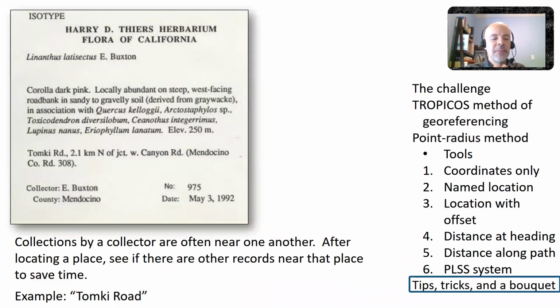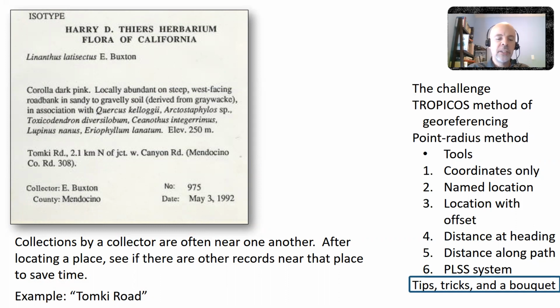Oh yes, this actual tip is a little bit different. If you're georeferencing a lot of specimens and you have them in a spreadsheet, quite often collections are close to one another. And after you spend some time locating a place, especially if it's difficult to locate, it can be really expeditious to see if there are other collections that were collected close to that original location.